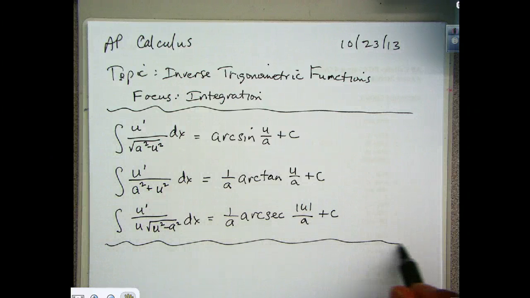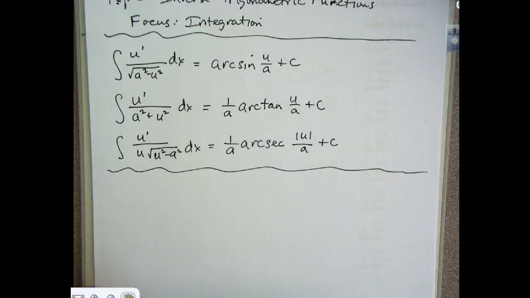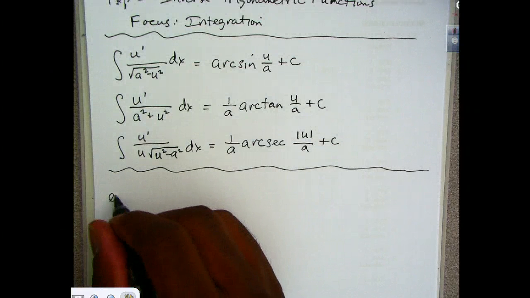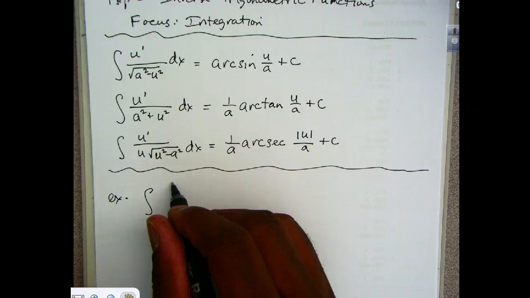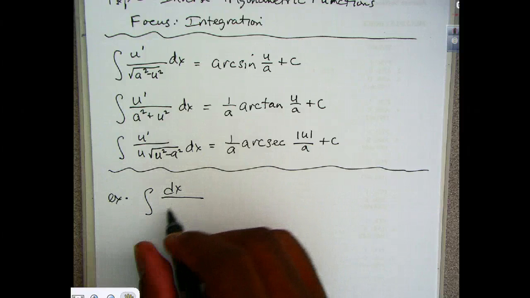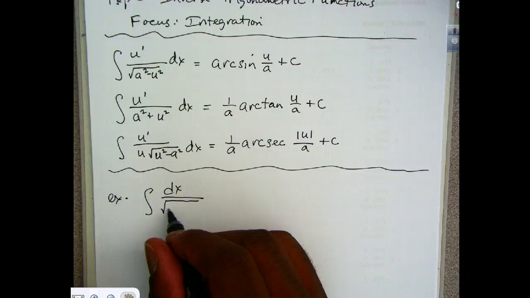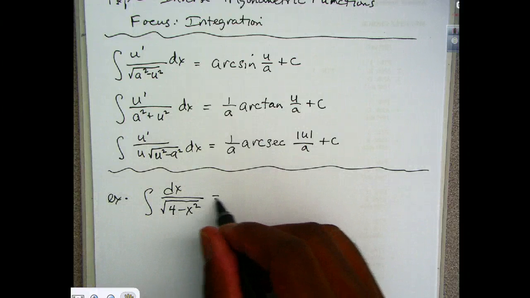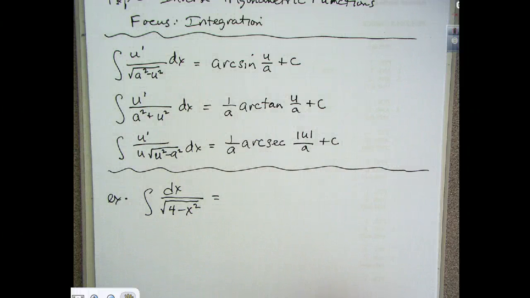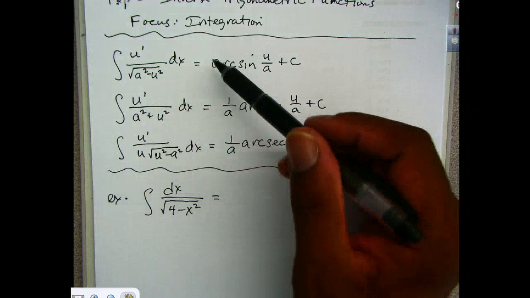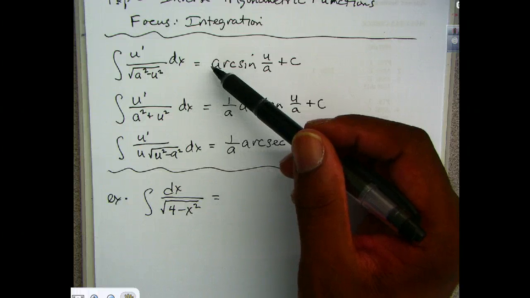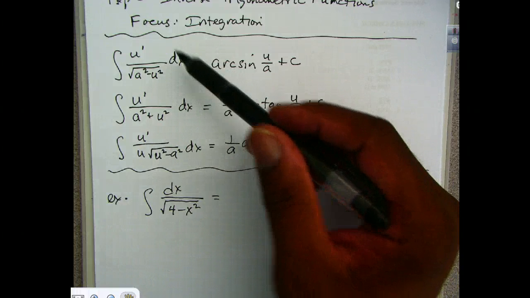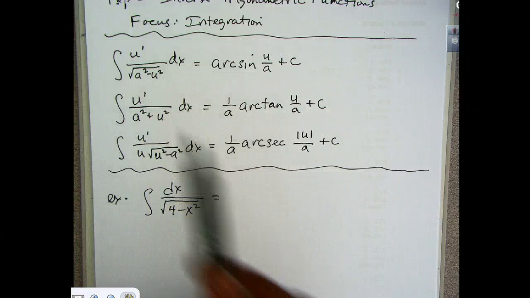Okay, so let's take a look at a couple of examples. What if we started off with the integral of dx over the square root of 4 minus x squared? If you take a look at the three that we have up above, it looks like it might be paired up with arcsine, if we could somehow write it to match up with that.